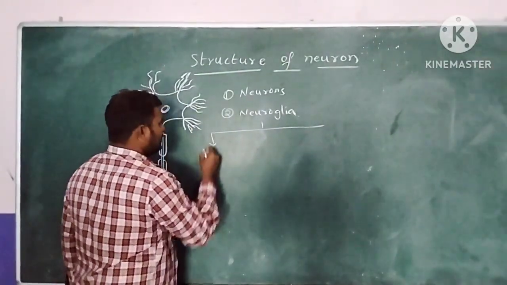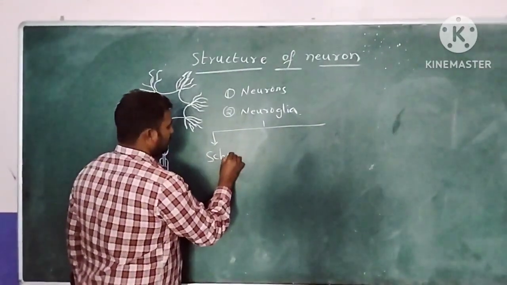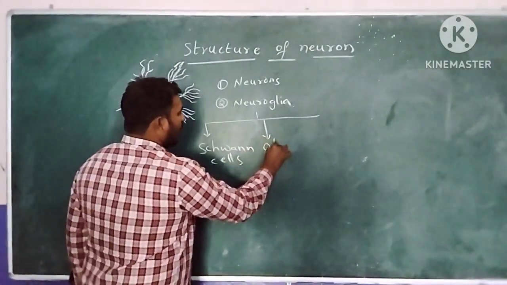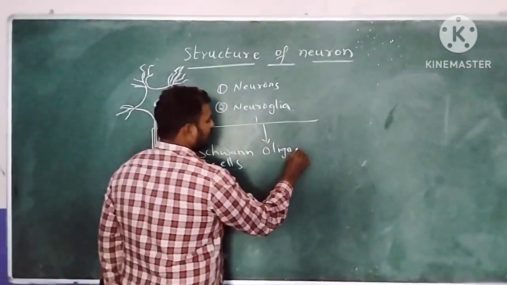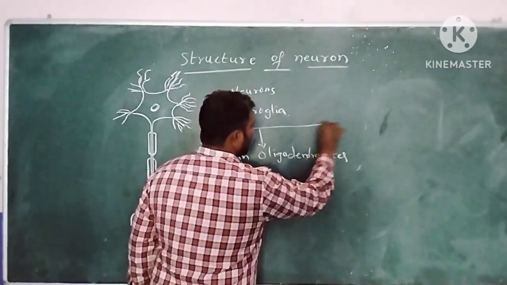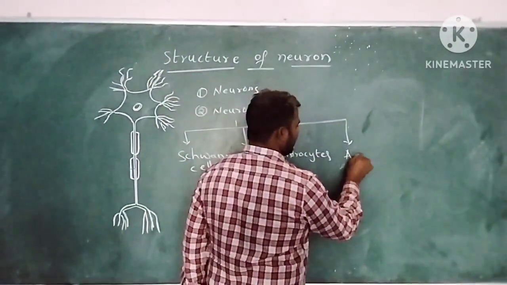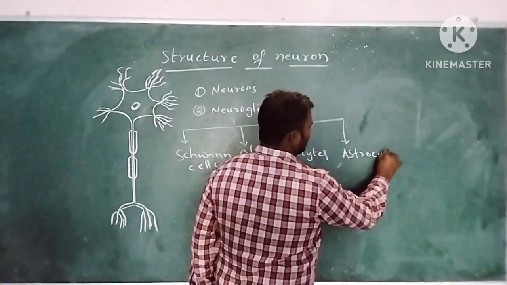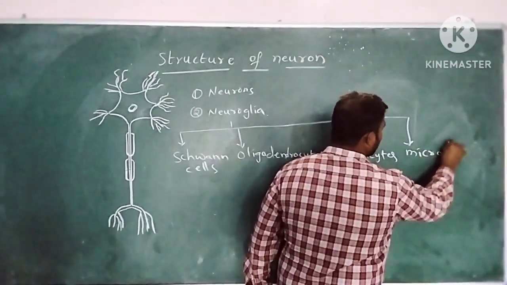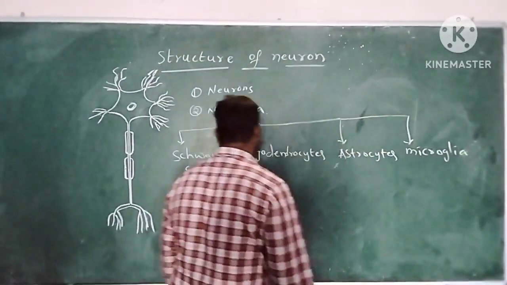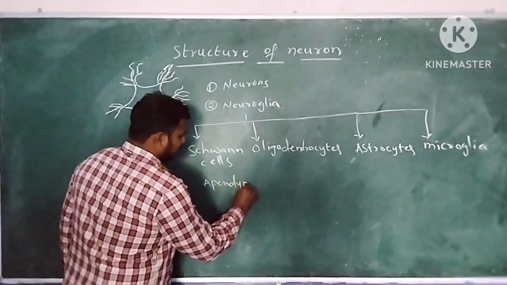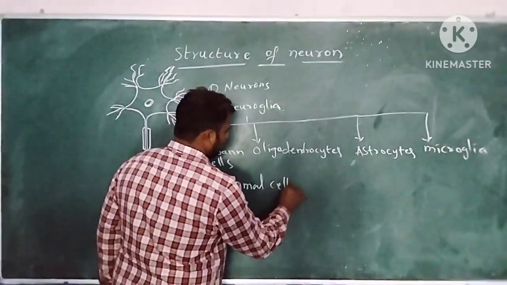The first one is Schwann cells, the second is oligodendrocytes, the third is astrocytes, the fourth is microglia, and the fifth is ependymal cells.